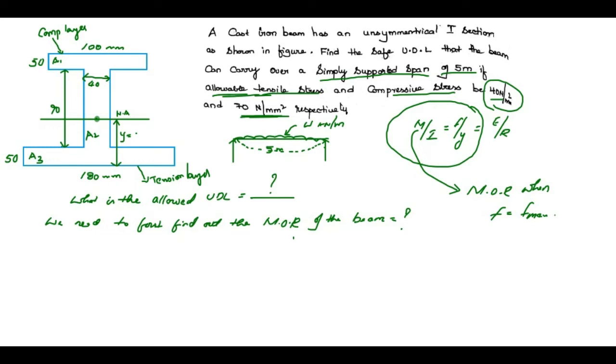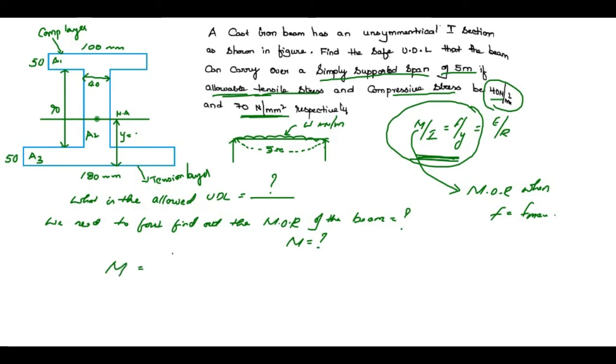So the first thing is we need to calculate this M. In order to calculate the UDL, you need to calculate M. Before going into that, we need to find out some other parameters also. As you can see from this bending equation, see what the unknowns in the equation are.